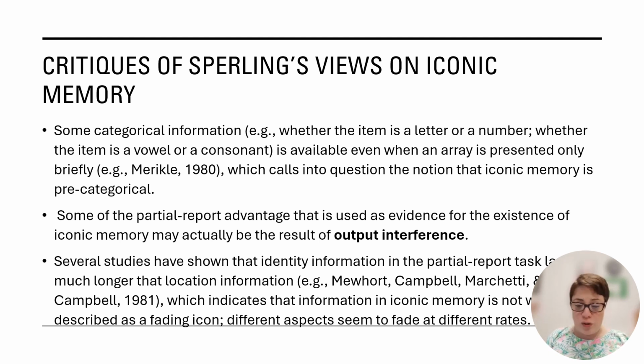As opposed to when you only have to report one row, that's only a total of 4 letters. Because you only have a pool of 4 letters instead of a pool of 12, you're going to experience less output interference.